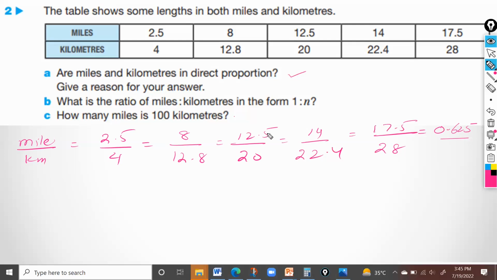This shows that the given data among these two quantities are in direct proportion.